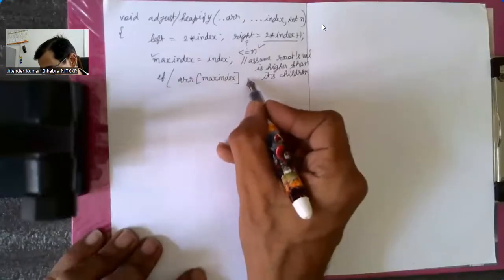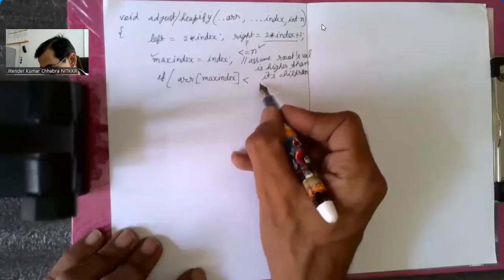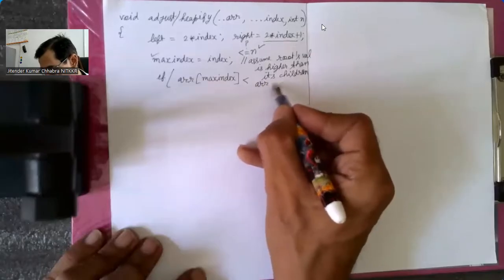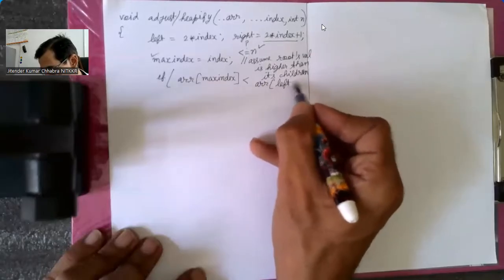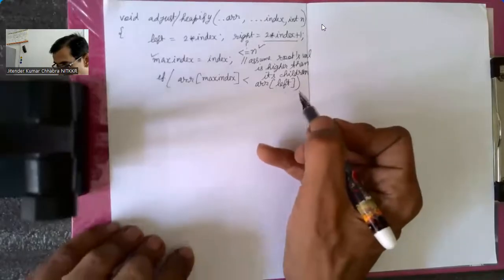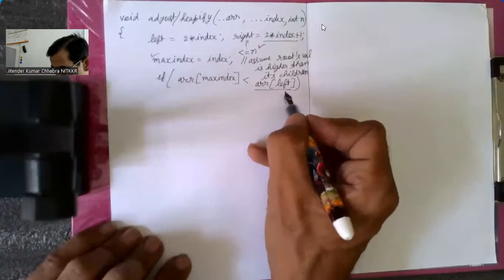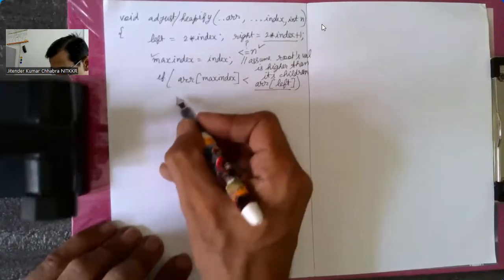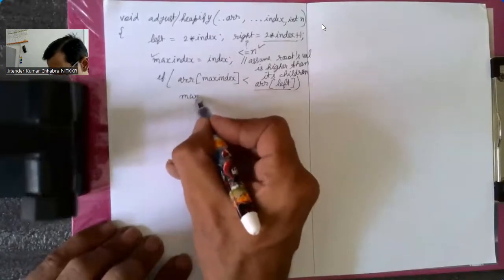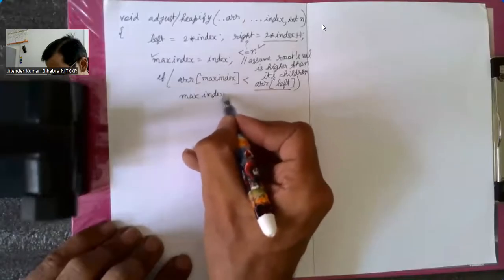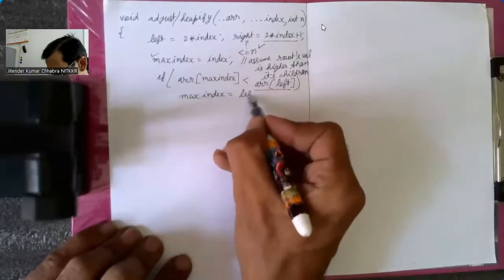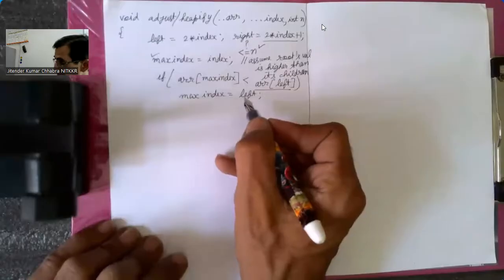If this value is less than the left value, meaning ARR left, where left is the index of the left child, and the left child guaranteedly exists. So if the left child is greater than this, then obviously max index has to change. Max index should become left.